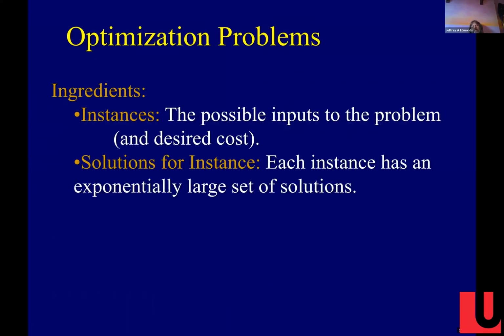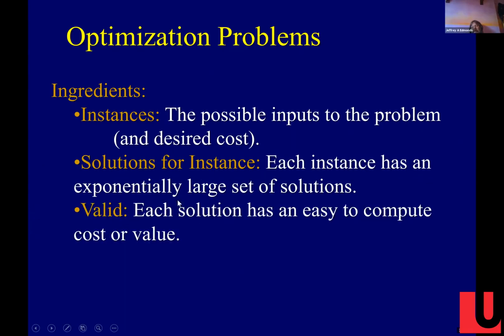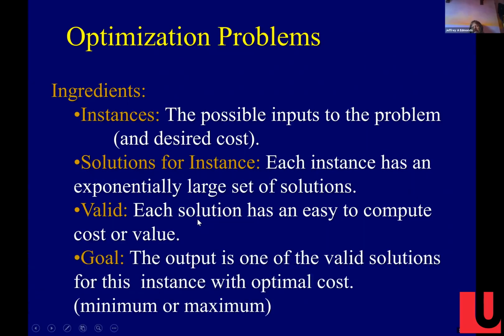All right, so I think we did this already. There are a bunch of instances. Each instance has an exponentially large set of solutions. Some solutions are valid and some aren't, and given a solution, it's easy to tell whether it's valid or not, and our goal is to find a valid solution.